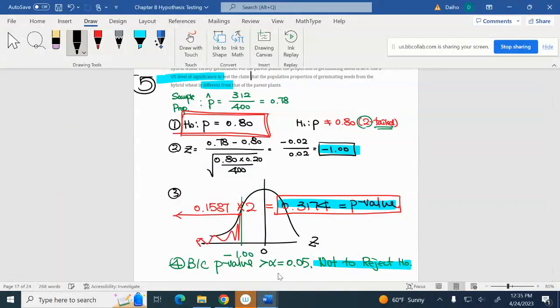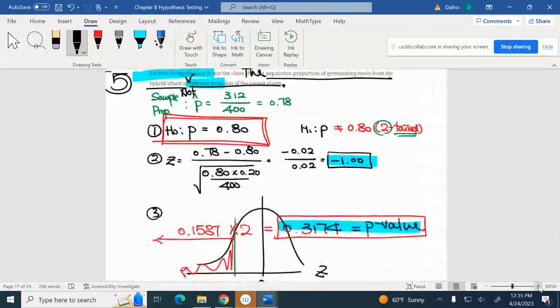It's step 5. The population proportion germinating from the hybrid is not different. Can you make the conclusion?